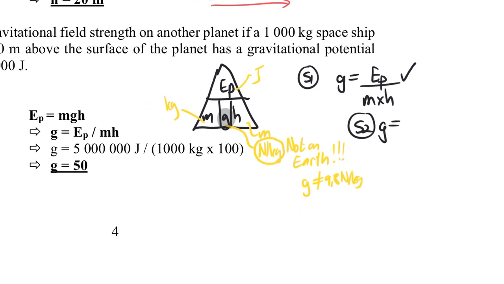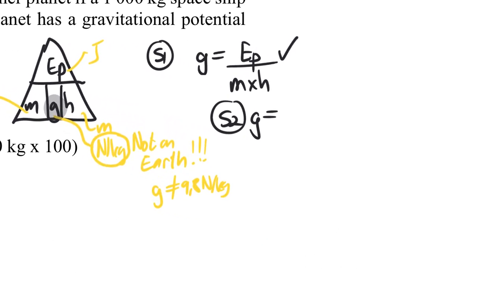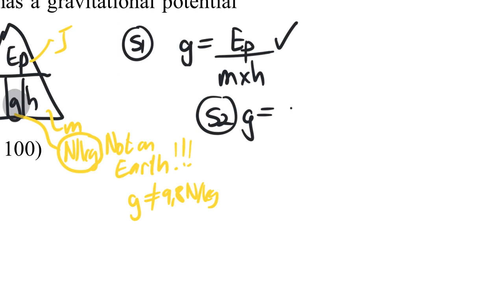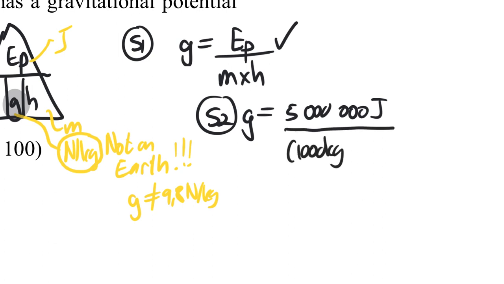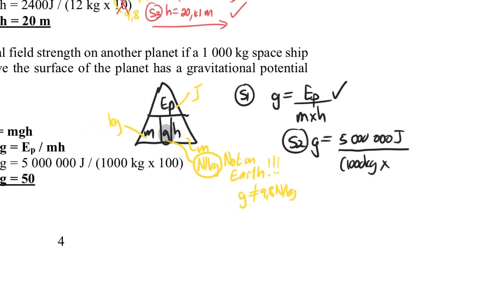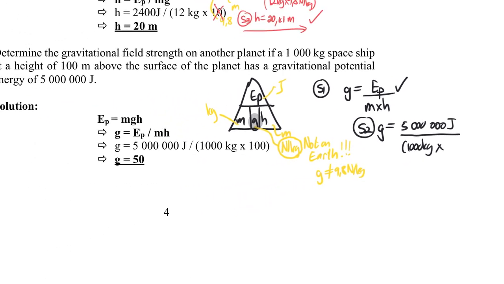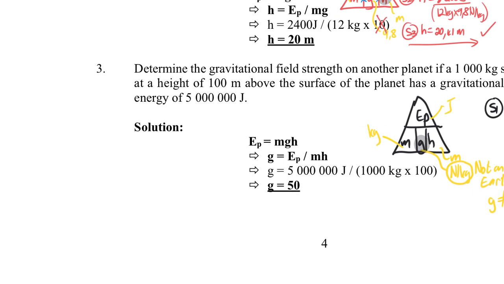Step number 2, we substitute in. The potential energy is 5 million joules. The spaceship has a mass of 1,000 kilograms. And we are told that it's at a height of 100 meters.